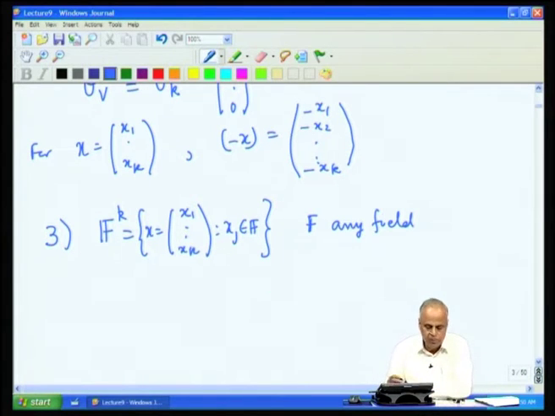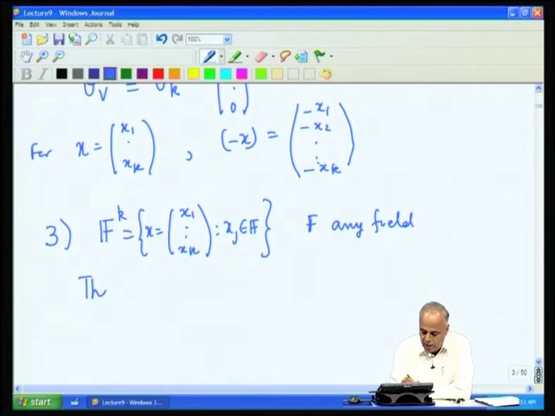When we put F equal to C, we are looking at C k. In general, we can take any field F and look at F k. Then again usual laws of addition: we add two elements in F k by adding the corresponding entries. Usual law of scalar multiplication: we multiply alpha and x by multiplying every entry of x by alpha.